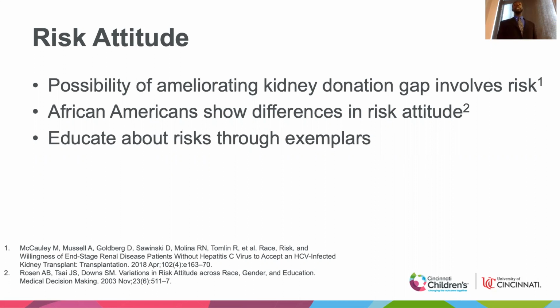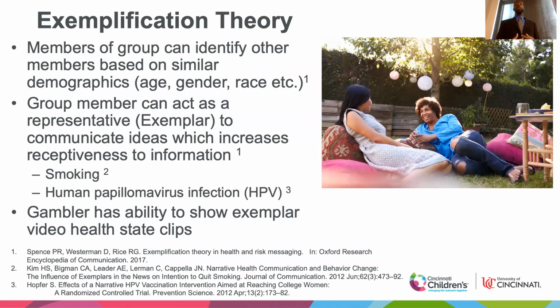So then, what is an exemplar? Exemplars come from exemplification theory, where members of a group can identify with other members based upon demographics, whether it's age, gender, and race, and a member of a group can act as a representative to communicate the ideas, which will then make them receptive to the information being discussed, whether it's with smoking or with adoption of the HPV vaccine.